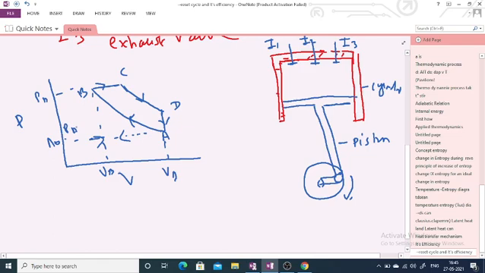Now we plot the representation of the diesel engine cylinder.